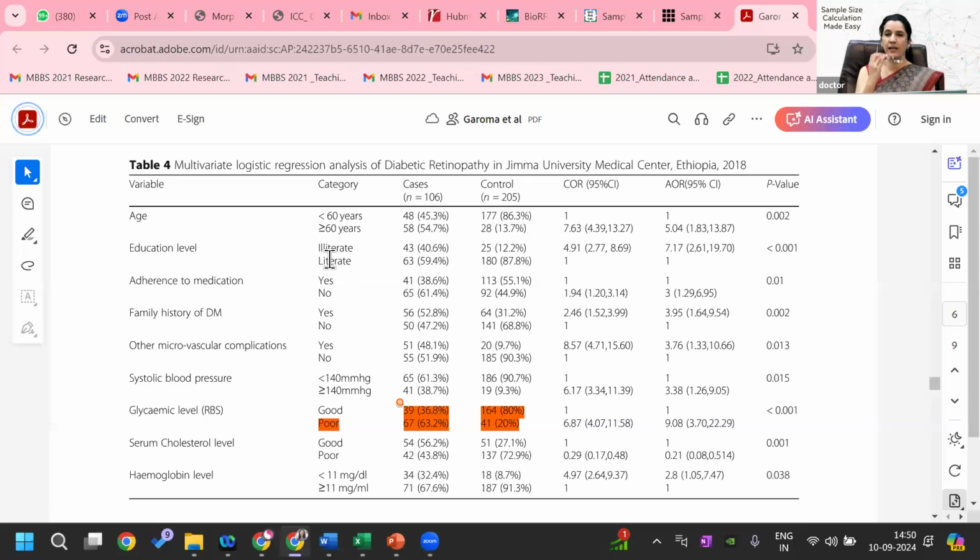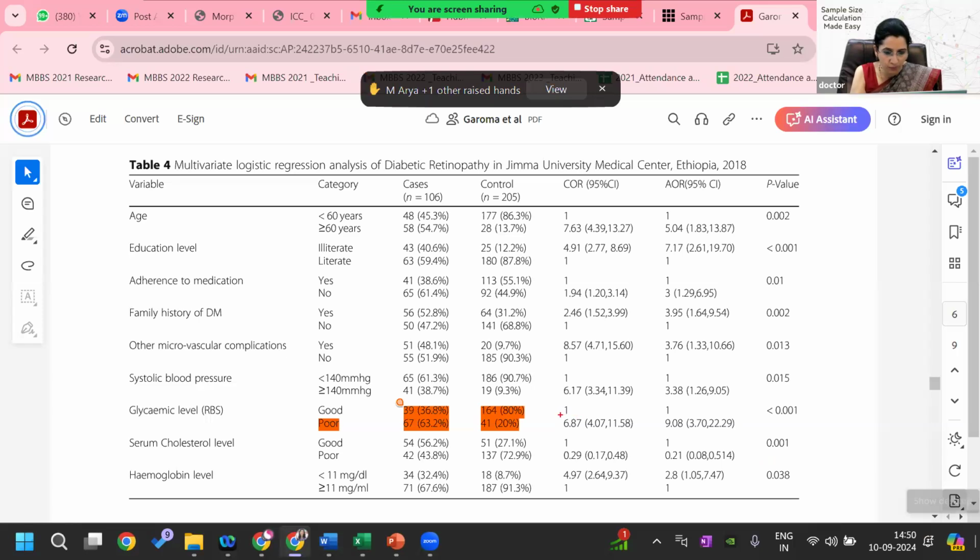Generally, wherever the author gives the comparison of univariable and multivariable logistic regression, there you can find the unadjusted odds. So here you can see the author has given the crude odds ratio also. This is the crude odds ratio of 6.87.